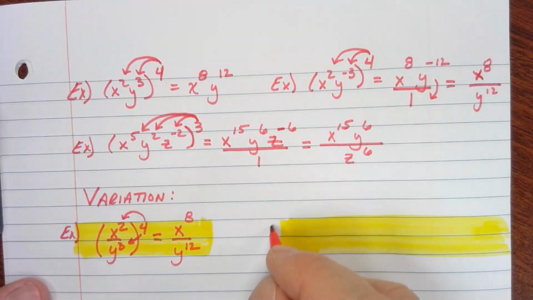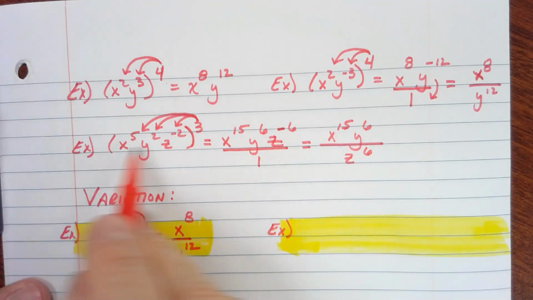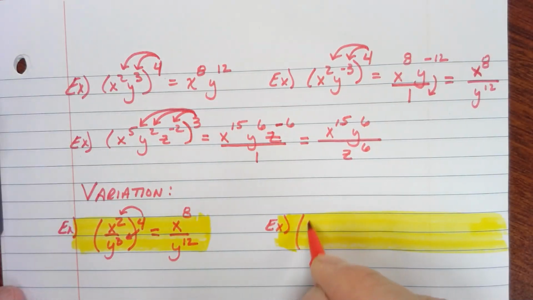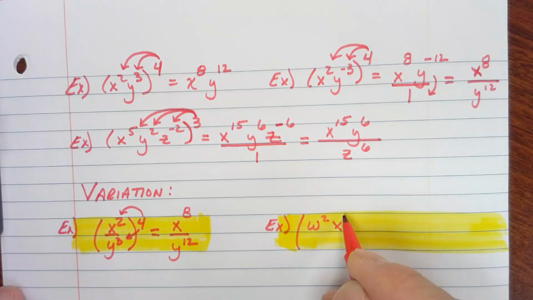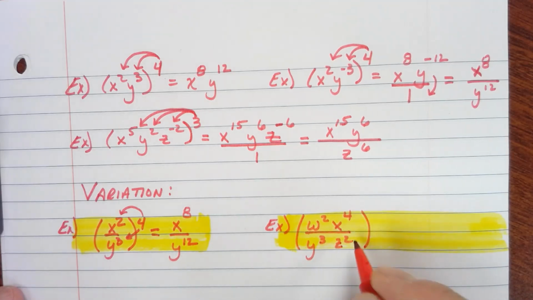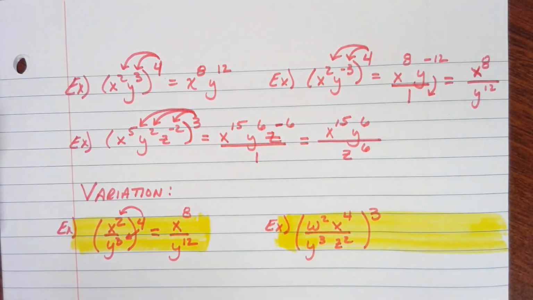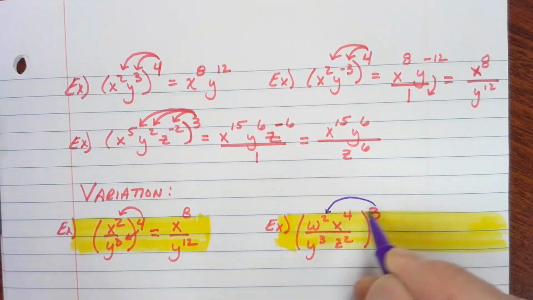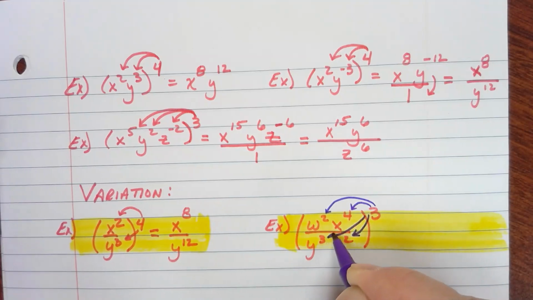And again here, as before, we just put more inside those parentheses. So w squared, x to the 4th, y cubed, z squared, raised to the 3rd power. This 3 is going to be multiplied times each of those exponents.